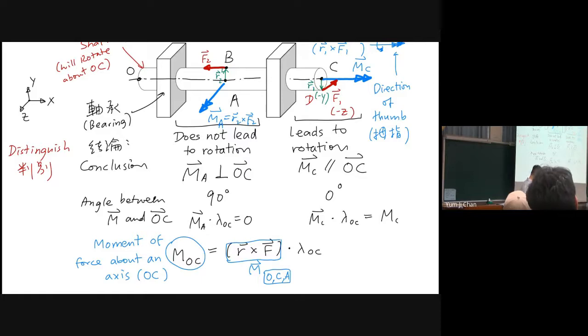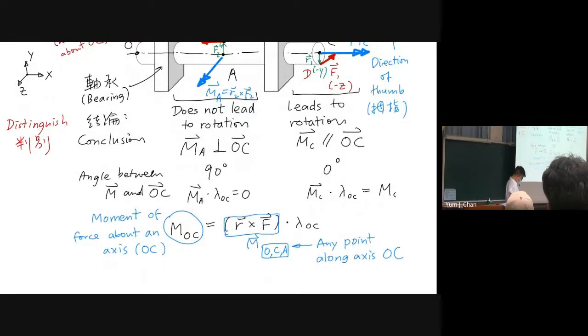We first take the moment about any point along axis OC, and then carry out a dot product with the unit vector along axis OC. So we cannot take B. Any point along axis OC is okay.